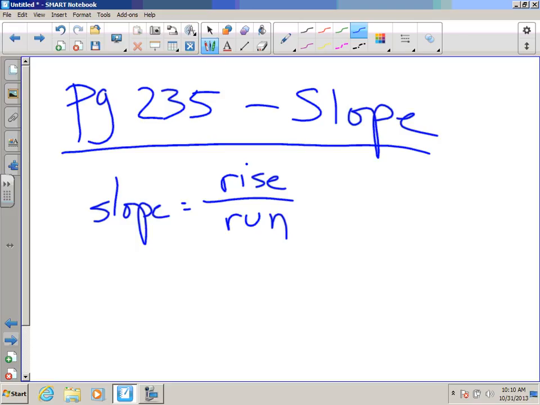But what this really means is the change in y over the change in x. Now the great thing too is that you're really only going to need to use 2 points. You're only going to have to grab 2 points from whatever line you're using.